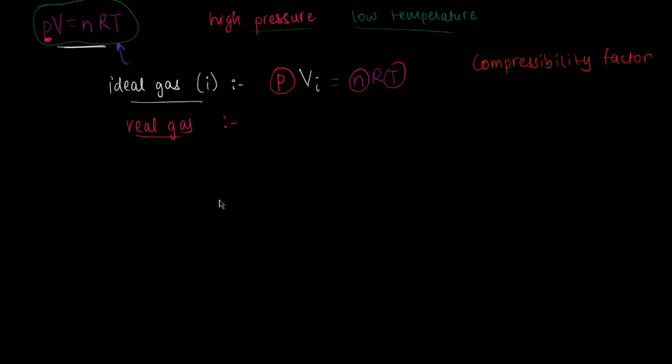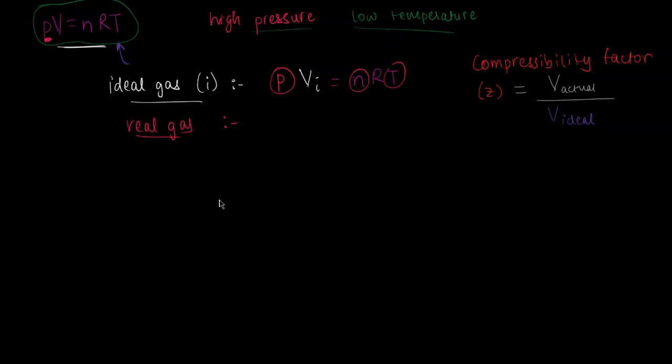It's denoted by small z, since capital Z is reserved for atomic number. Small z, the compressibility factor, is equal to the actual volume of the gas divided by the ideal volume it should have had at those conditions. So V actual over V ideal.